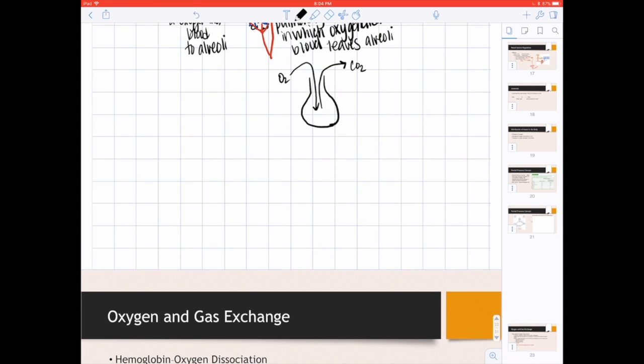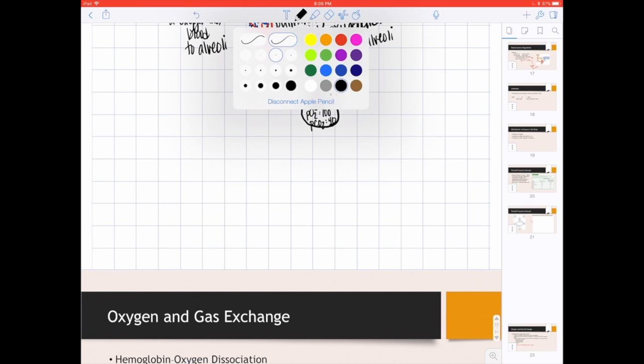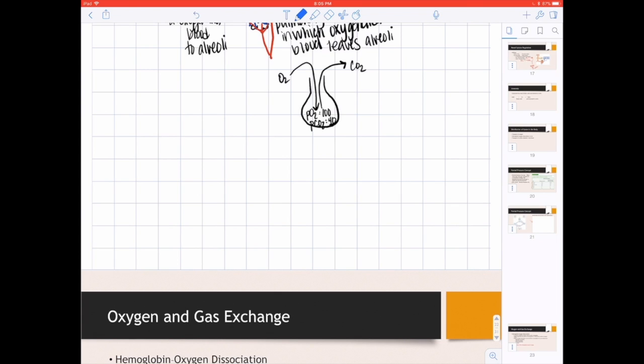Now, the partial pressure of oxygen and CO2 in the alveoli is going to come to be very important. So the partial pressure of O2 in the alveoli is about 100 millimeters of mercury, whereas CO2 is going to be about 40. So we're going to see a lower concentration of CO2 in the alveoli than what we see of O2.